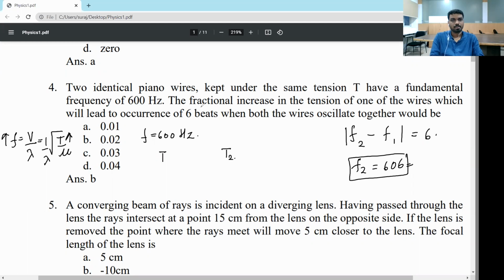Now they are asking the fractional increase in tension of one of the wires. What is the meaning of fractional increase? That means T2 minus T1 by T1 into 100. F2 is given 606, and I want T2. So I can write F1 by F2 is equal to root over T1 by T2.